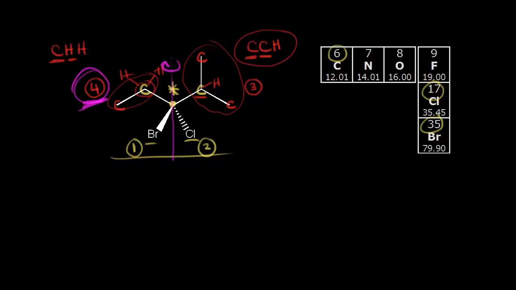Another way to think about it is like a Newman projection. If you stare down this bond, let me go ahead and change colors here. If you look down at this carbon-carbon bond here, so if you put your eye along this axis, so here's your eye, that would mean your lowest priority group, your ethyl group, would be going away from you. So that's another way to think about looking at the molecule in a way where the lowest priority group points away from you.